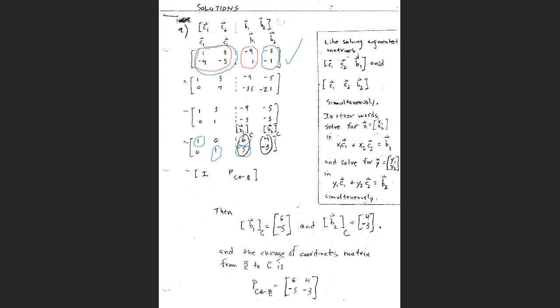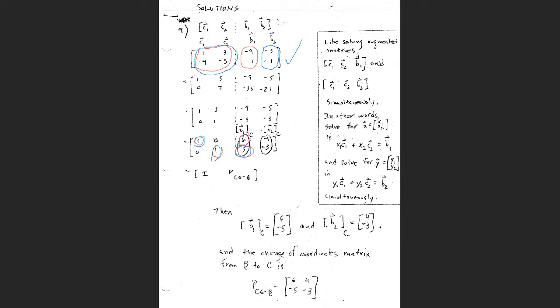Those are the numbers that form the coordinate vector of B1 with respect to C.